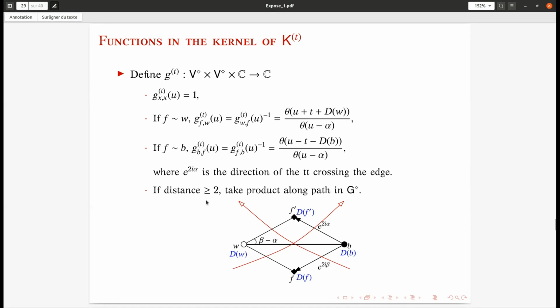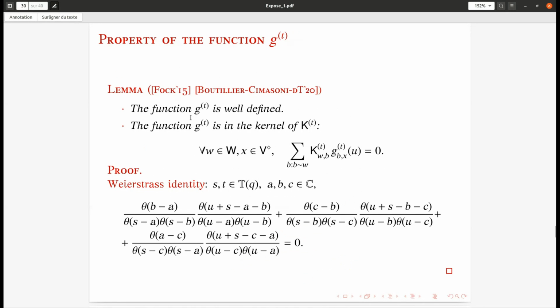And if the distance is larger than 2, then you just take the product along a path in your quad graph of these increments. And so a lemma that can be found also in Fock, phrased a bit differently, is that the function is actually well defined, meaning that it's independent of the path that you're choosing to compute it.